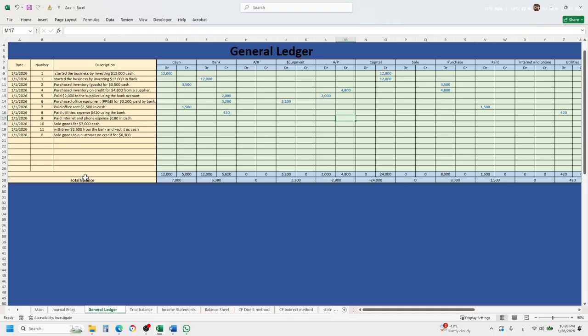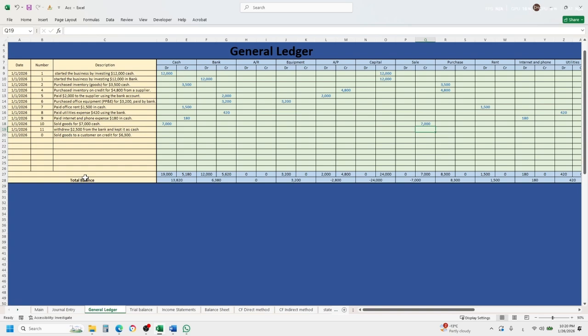Paid internet 180 from cash, 180 to internet. Sold goods for 7,000 cash, cash increase, debit 7,000, and sales 7,000.